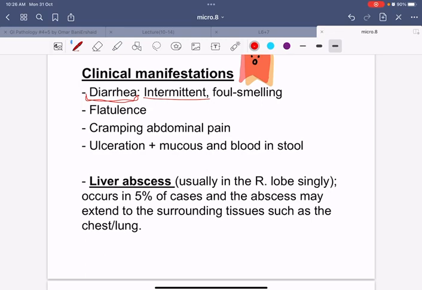So amoebic dysentery. Liver abscess is usually in the right lobe, single.